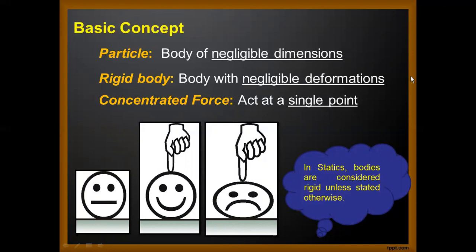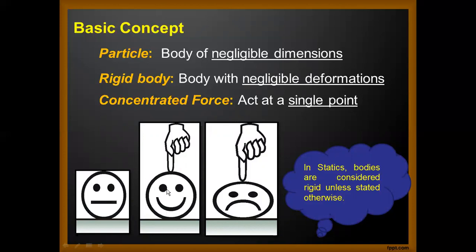In the same way, what is a deformable body? A deformable body is a body which has a considerable amount of deformation or change after the application of the force. For example, you see here there are three pictures. The first one indicates a body. The second one indicates a rigid body. Here you see there is an application of force from the top, but there is no deformation or change in the dimension of the body.